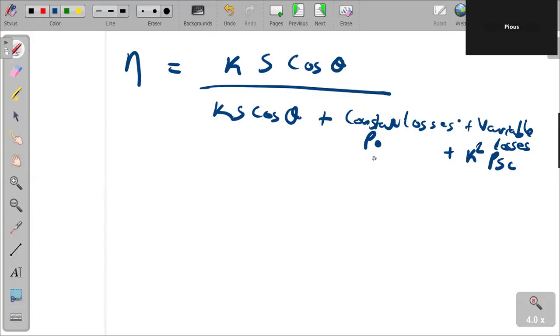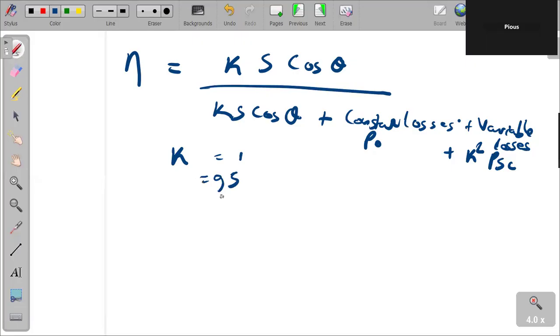It's also important to know that K is a factor of full load. At no load, K is equal to 0, and at full load it's equal to 1. At half load, K is equal to 0.5.